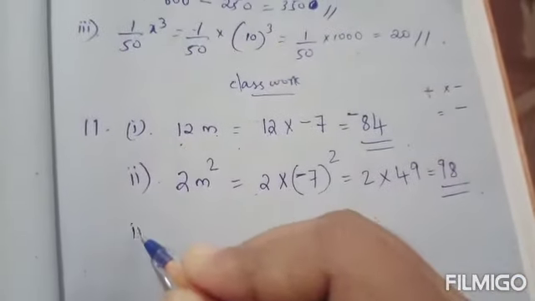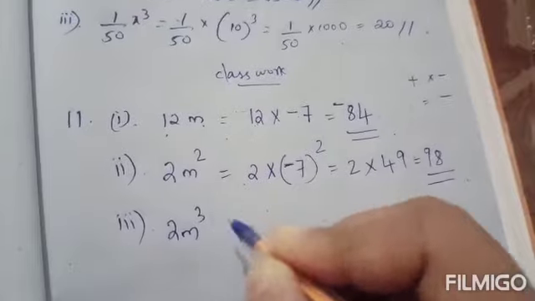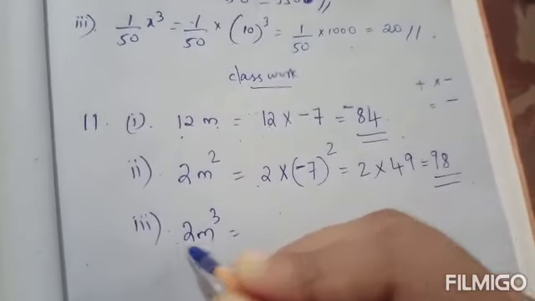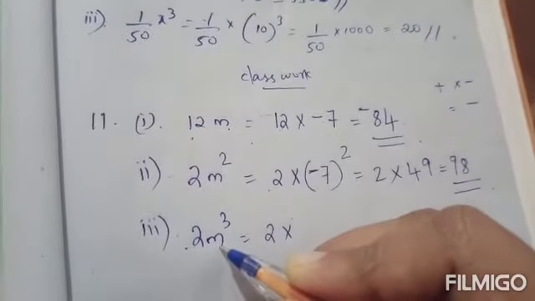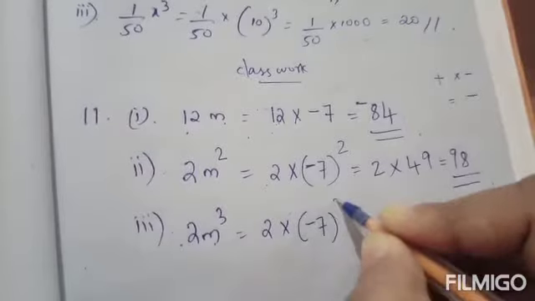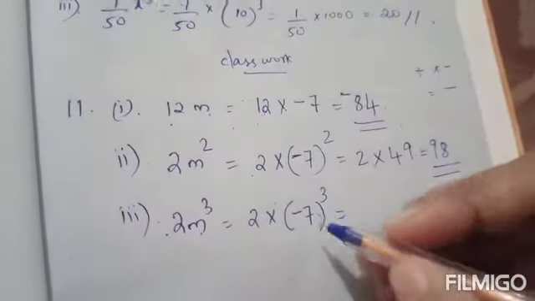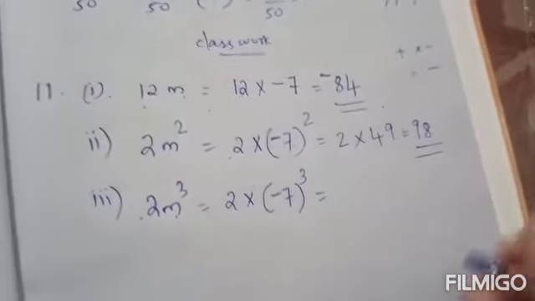Now third question, 2m cube. So 2 into m cube. Now m, the value is minus 7. So 2 into minus 7 whole cube. So you know, minus 7 into minus 7 into minus 7. You need to do this.